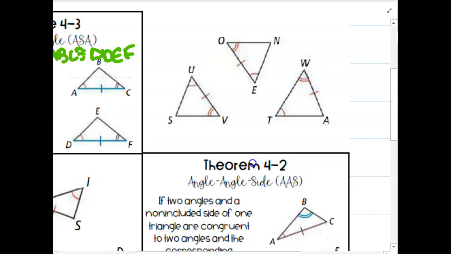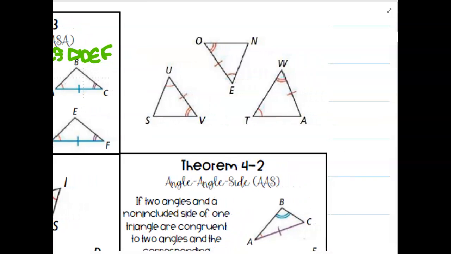Now, if you look at this picture over here, I have three triangles, but not all three of them are congruent. Two of these three are congruent by angle, side, angle. The first triangle, if we call it UVS, has an angle marked, a side marked, and then an angle marked.